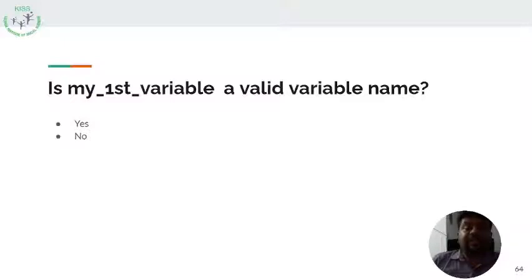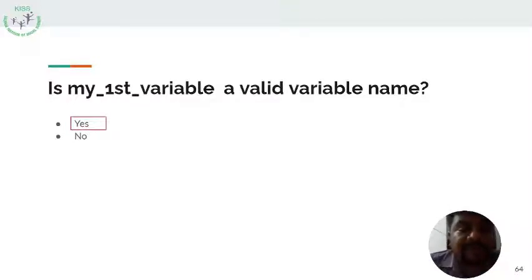So next one, my underscore first underscore variable. Is it a valid variable name? Okay.